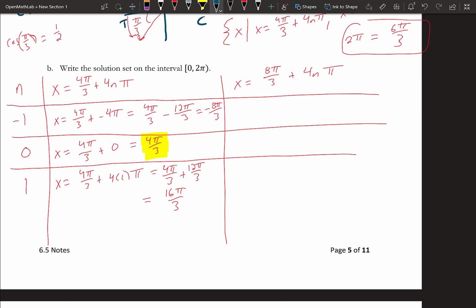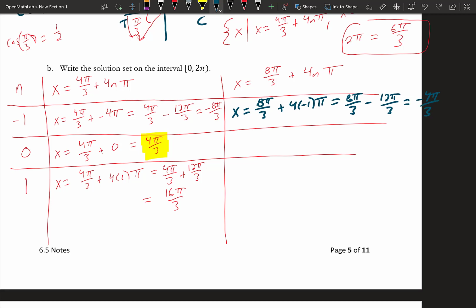So now if we work with the second general equation, if I plug -1 in, that would give me x equals 8 pi over 3 plus 4 times -1 times pi, which equals 8 pi over 3 minus 12 pi over 3 equals -4 pi over 3. So that one doesn't work.